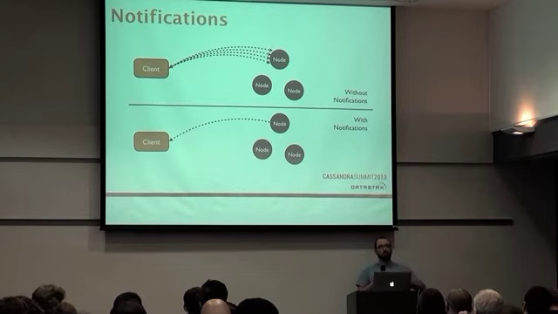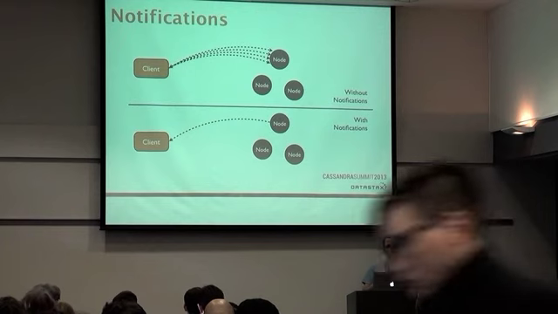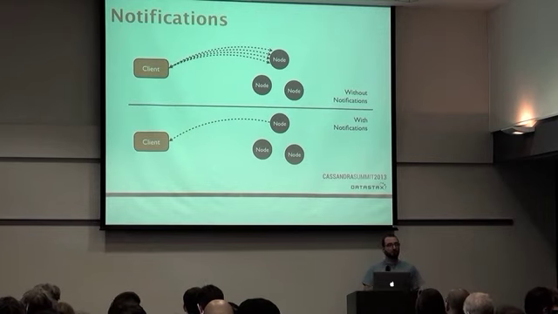Whenever you add a node or remove a node, a notification will be sent to the client. So the client doesn't have to poll the cluster all the time to get all this information, and that dramatically simplifies their design.